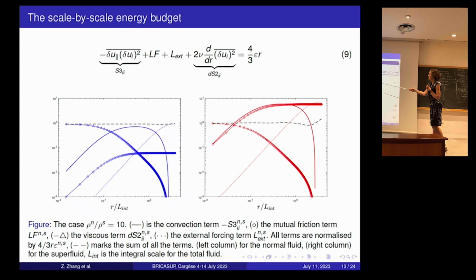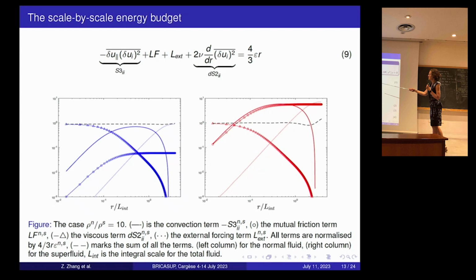And the forcing associated to the mutual friction force is all this term. So we see that it is important for large scales, it is important for intermediate scales, and it diminishes at small scales. But for this case, this contribution is much smaller than the contribution of the energy transferred through the cascade.